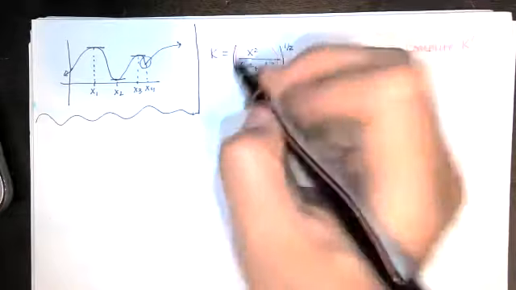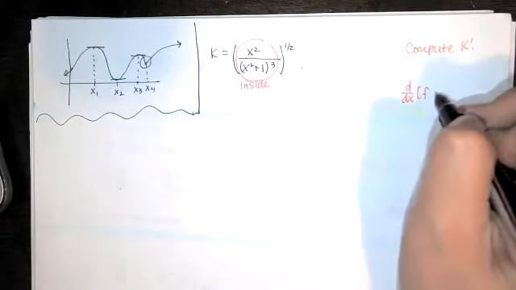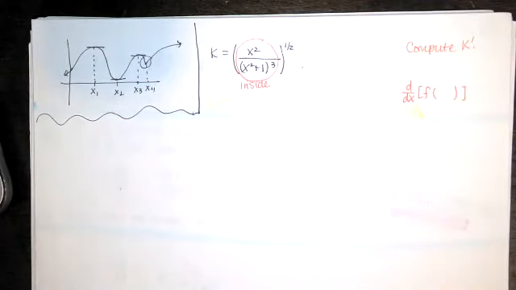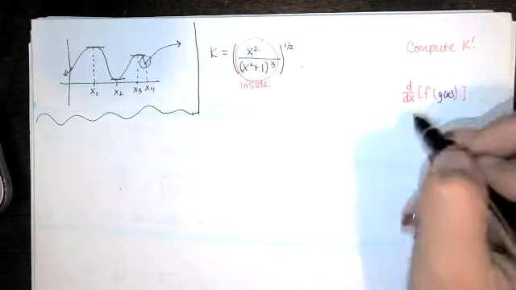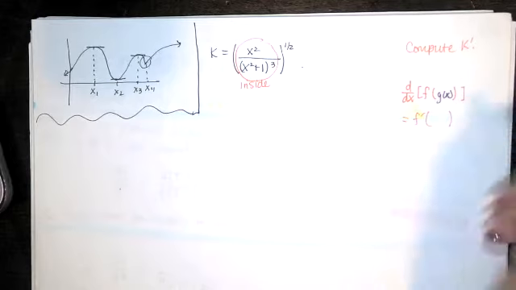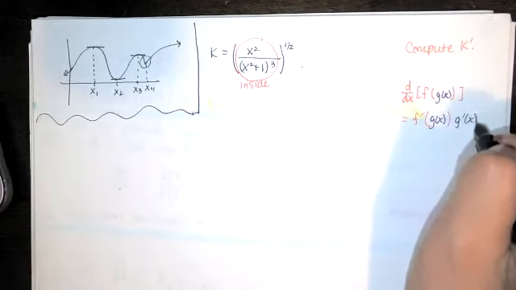This is our inside function. Remember, the derivative of a composite function f of g of x is the derivative of the outside evaluated at the inside times the derivative of the inside.